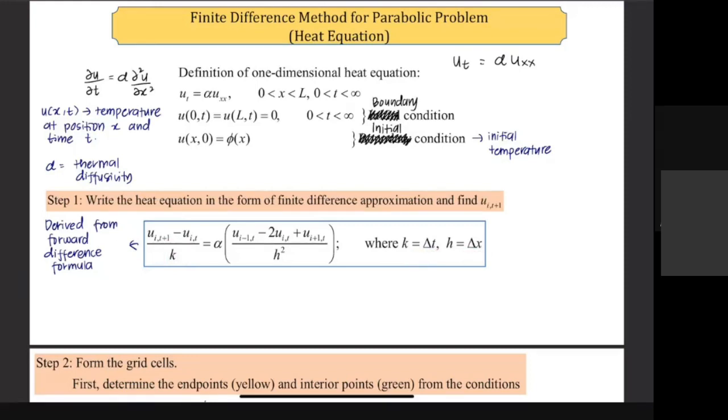We want to find this u i, t plus 1. You must rearrange this equation so that we find u i, t plus 1 equals, apa? Okay, this is the first step. You just substitute the value of k, the value of alpha, and also the value of h here, and then you rearrange, so that we can find this u i, t plus 1.